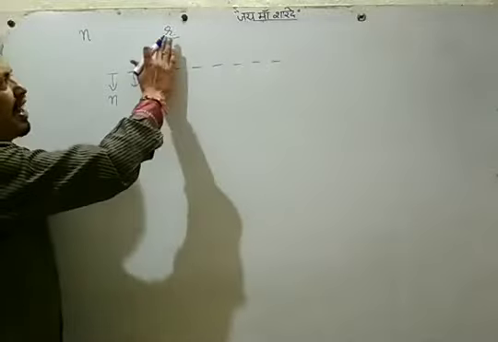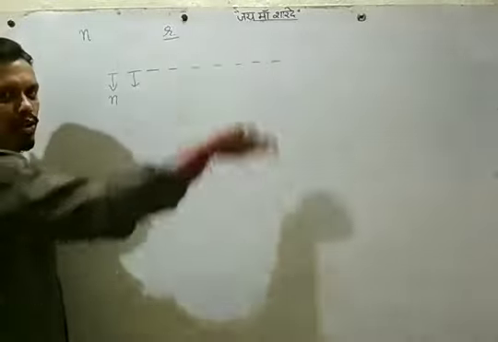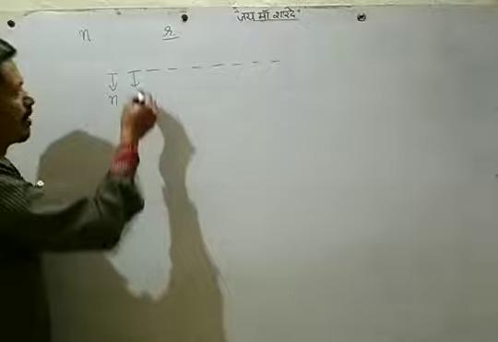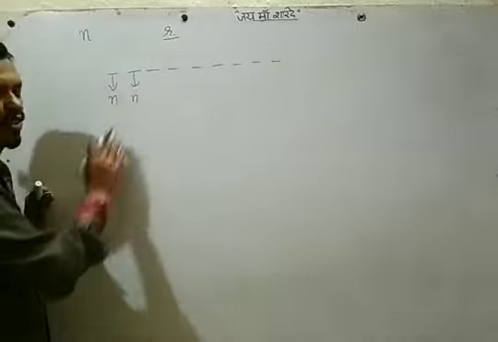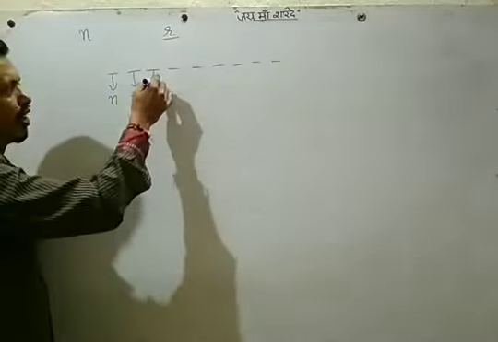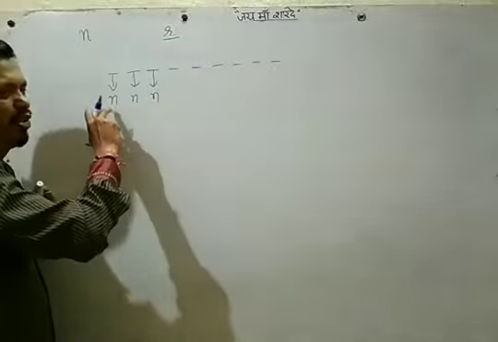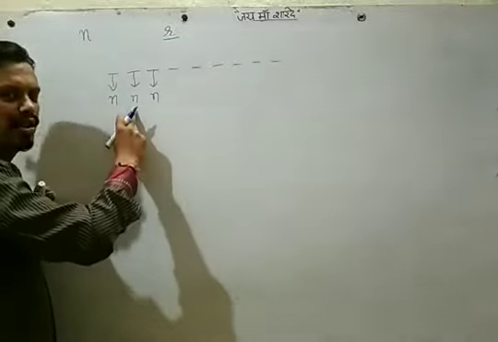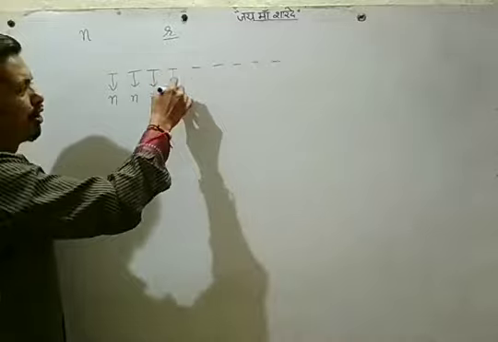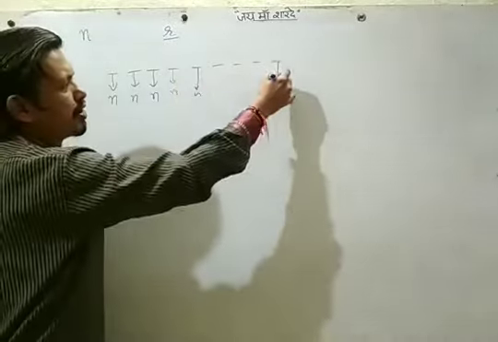From these we are taking r objects, but now repetition is allowed. So for the next place also we have n options. For the third place again n options, because whatever we used here can be used here also. In the same way, for all the places we have n options.